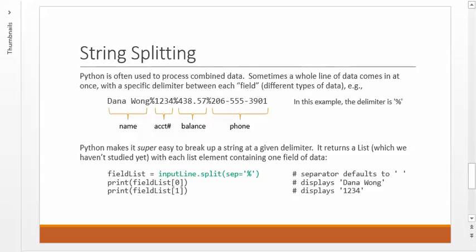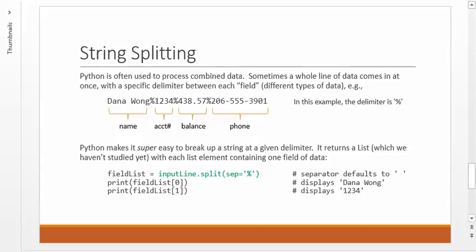But let's look at a different example here. Using this example at the top of Dana Wong and this whole record where we have name, account, balance, and phone, it's stored in a variable called input line. So we make up this new variable called field list.